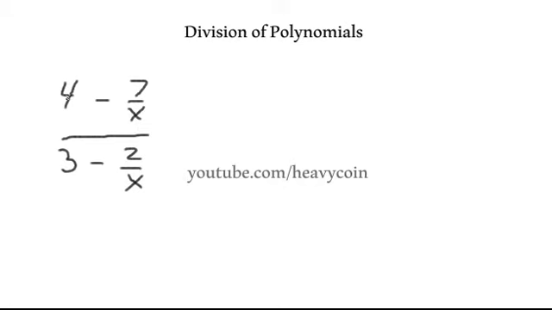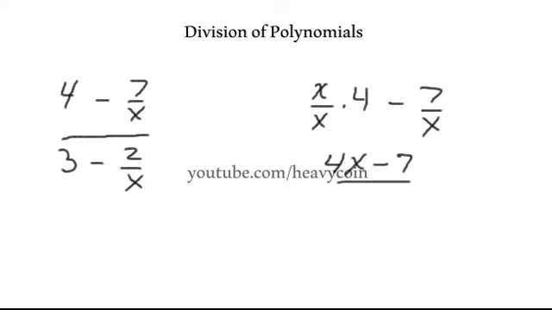So I want to get this all into one single fraction here. We're going to need to get a common denominator first off. So I write x over x next to 4 so we can get a common denominator. So now we have 4x minus 7 over x. So that's going to be the numerator.